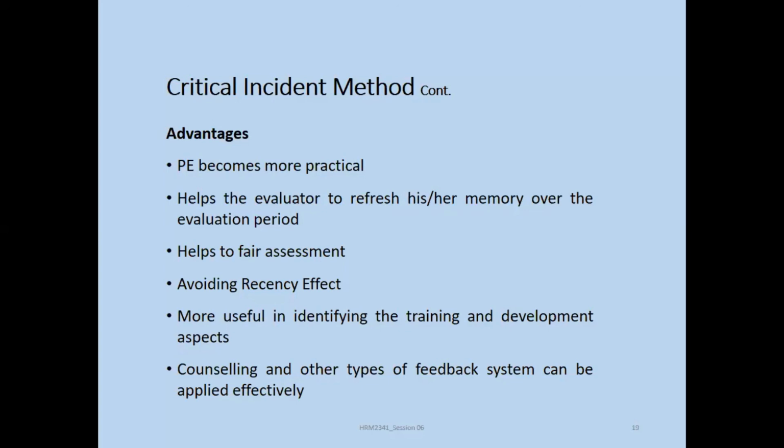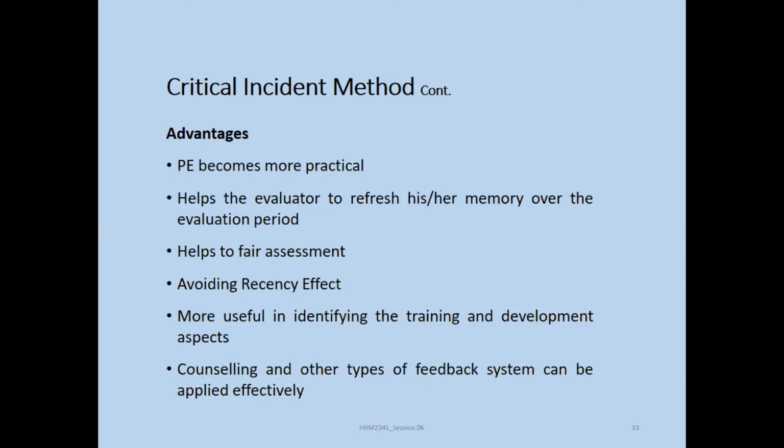Why? Their recent behavior affected the evaluation, but the overall performance over the period of the year of employee B is higher than that of employee A. Yet at the evaluation, employee B is recorded as the lower performer. That is the recency effect.